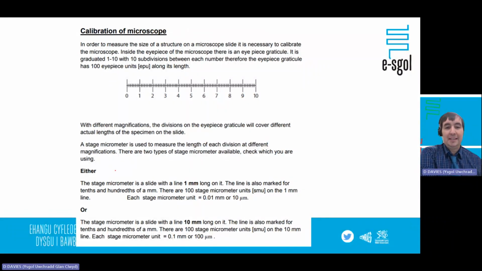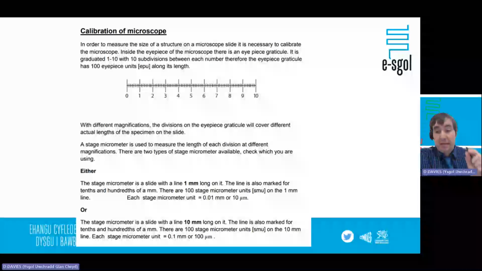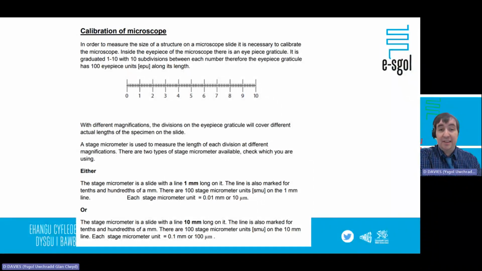This slide has another ruler on it with known lengths, so we know how big the divisions are on this slide. We compare those to the ones in the eyepiece graticule, and that way we can work out how much these values are worth.